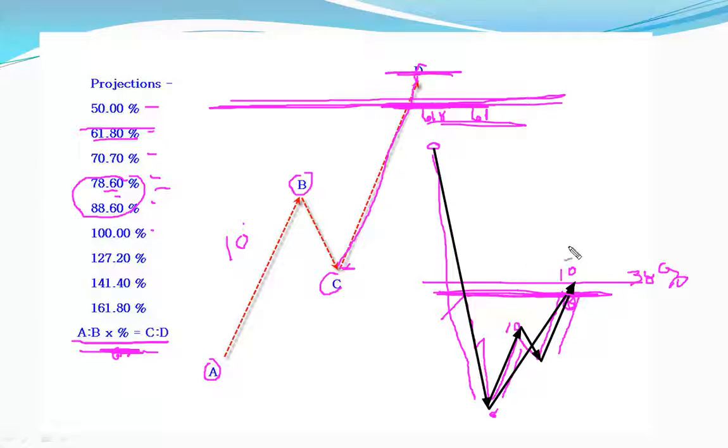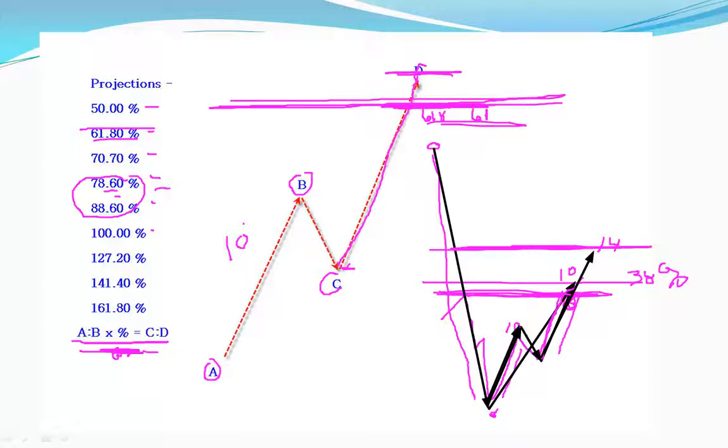Now, what if your 38% retracement was up here, and this was 14 points off the low, off that swing? Meaning that this right here, let me just draw this out. This right here, this swing was 14 points. This was 10.